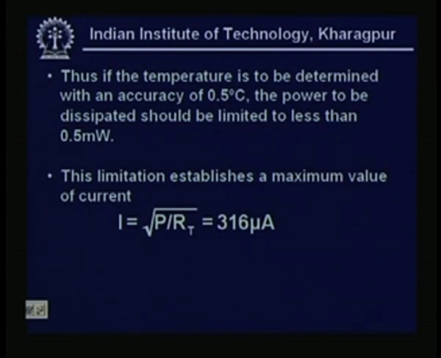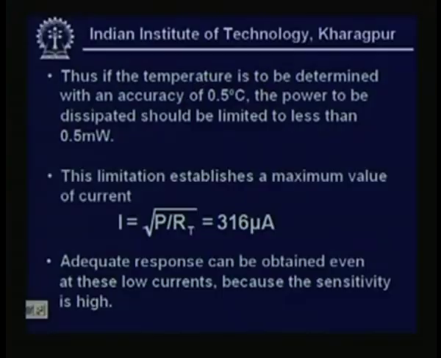This will actually lead you to choose your bridge excitation, or the value of the potentiometer excitation, or the value of the Wheatstone bridge excitation, right, because you can calculate how much the maximum current will be allowed. But please remember, if you do that, obviously you will lose the overall sensitivity of the system, because your output voltage will also be reduced. We are not measuring the resistance there, we are measuring the output voltage.